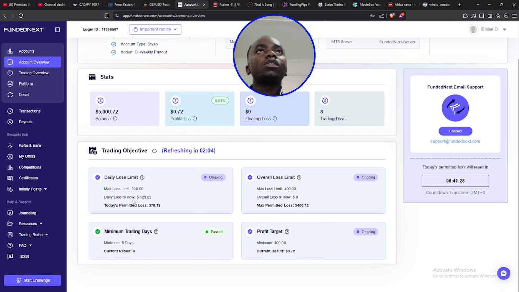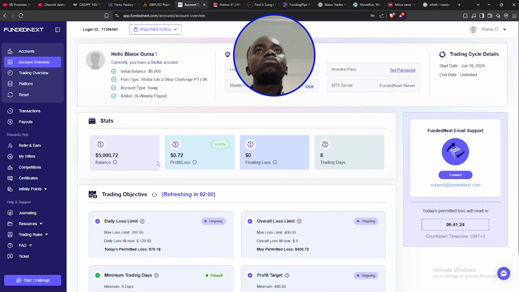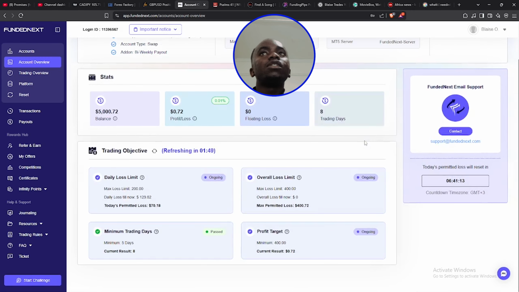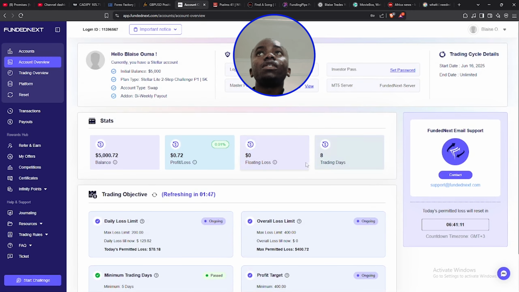So we have 0.01%, and we need to get 8% so that we can achieve the goal. We are on the 8th trading day, and we are back to a full reset.